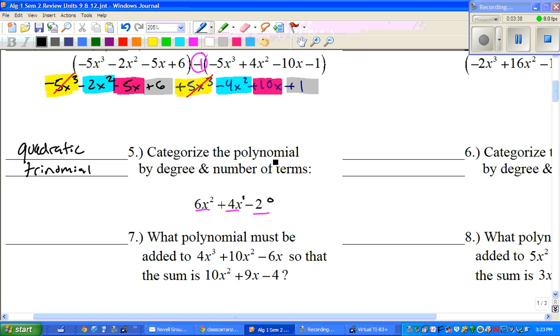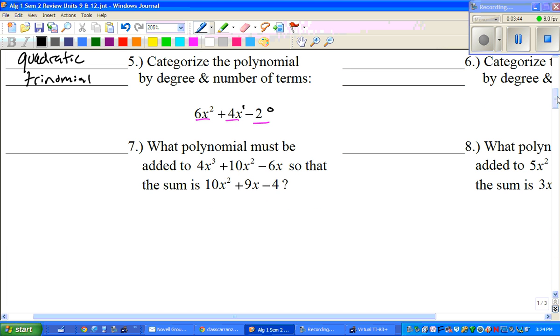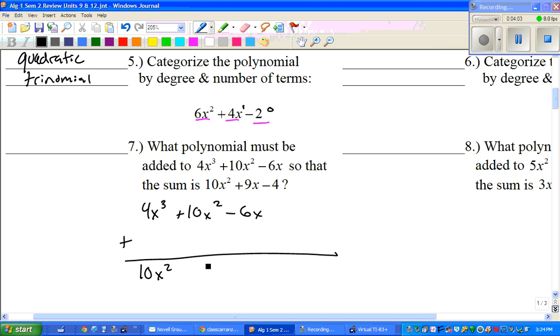Now, what polynomial must be added to 4x cubed plus 10x squared minus 6x so that the sum is 10x squared plus 9x minus 4? So what we're going to do, I'm going to write the first one. Okay? And we're going to add something to it to get 10x squared.